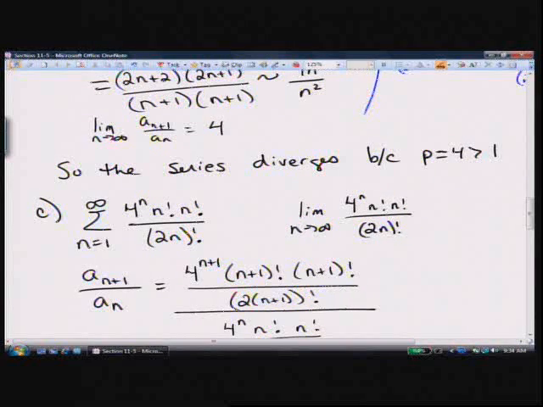Just looking at this limit, seeing that it doesn't go to 0 is kind of tricky. It does sort of seem like this is going to beat it out over 2n factorial. You could probably look at a few terms and see that they're always getting bigger too.